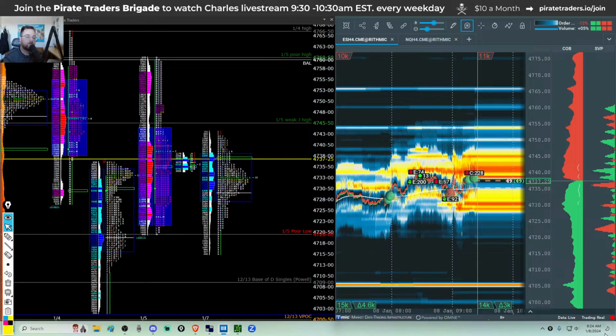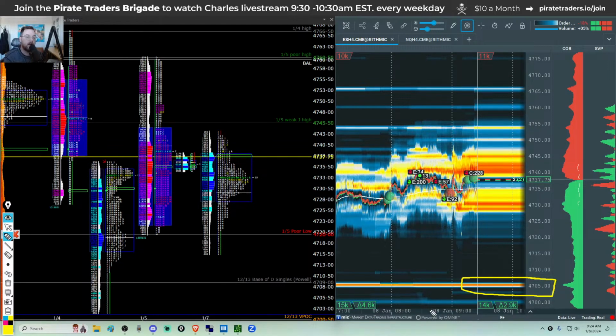I also think this little node of volume, node of liquidity that we're seeing down here in the order books at 47.05, I think that is there for a reason. Anytime there's a random level with that much liquidity sitting at an exact place like that, which to me is a very random place, that is likely trying to be a magnet.